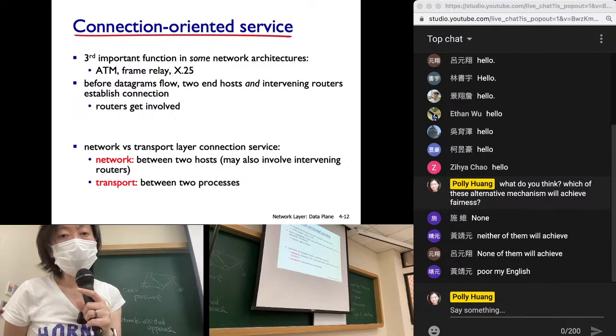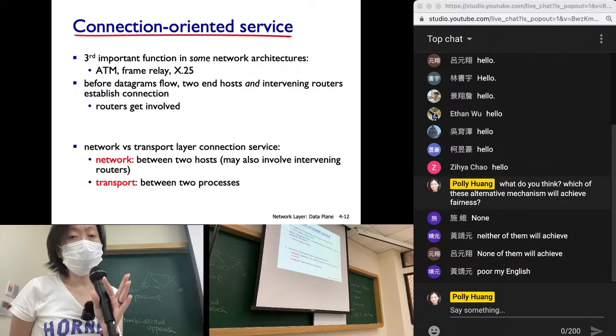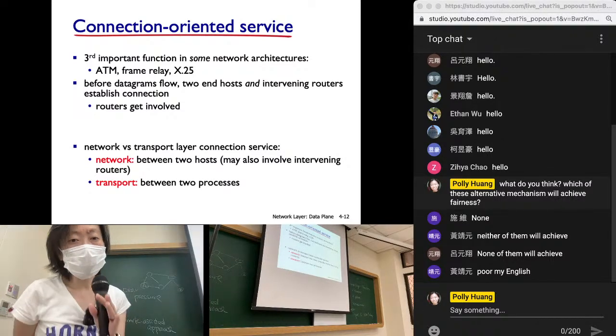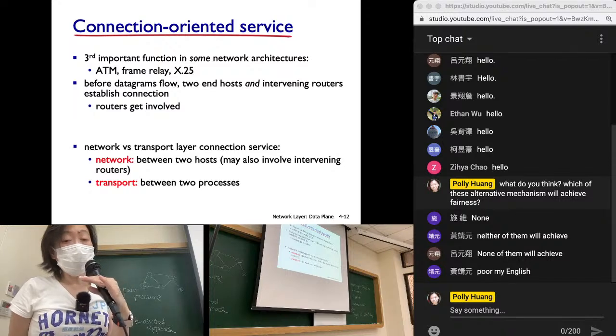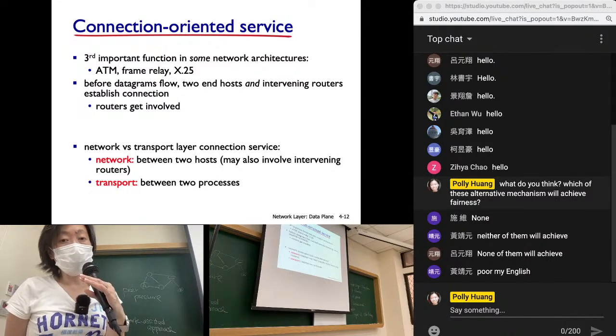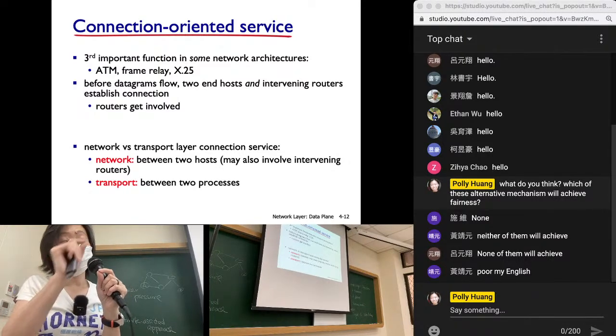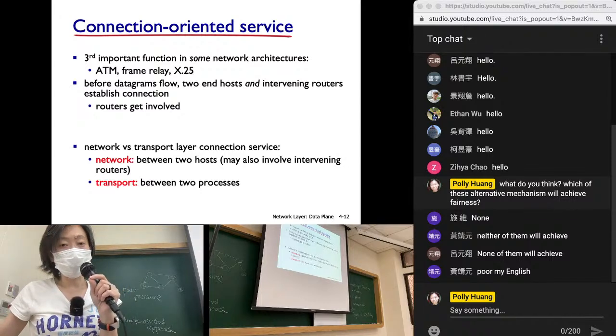So just be very careful. I'm saying TCP being connection-oriented and ATM being connection-oriented. But the connections are actually established at different levels. For the network layer protocols, when I mean connection-oriented, I mean the two hosts, including the routers, there's a connection set up.